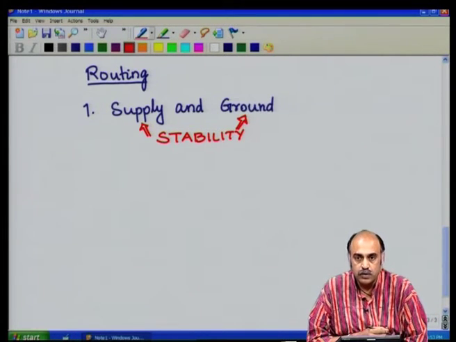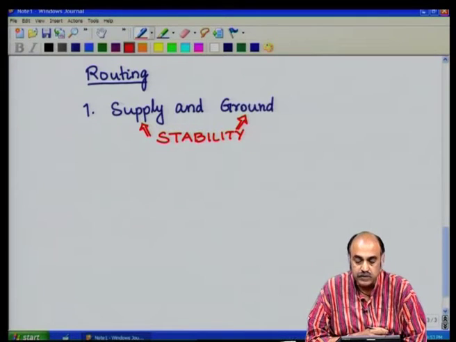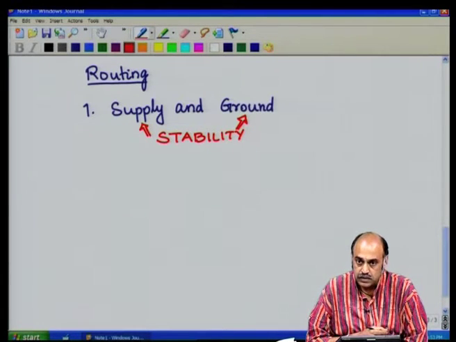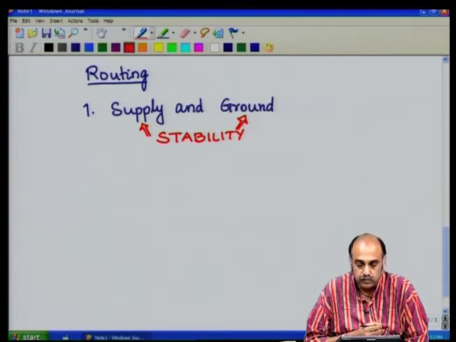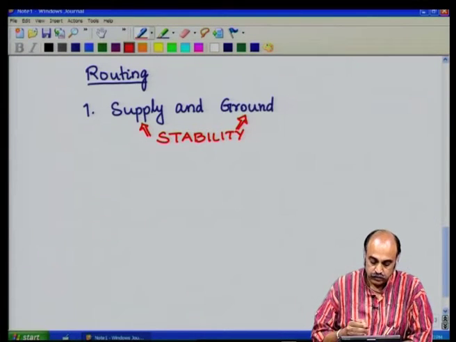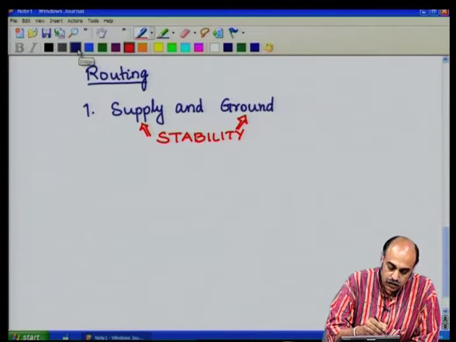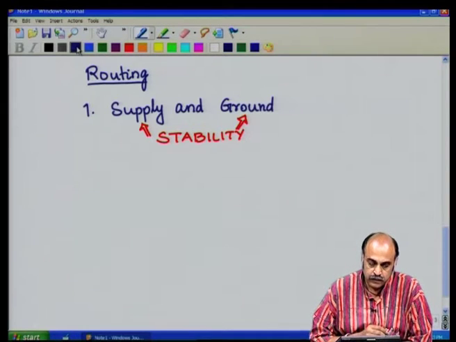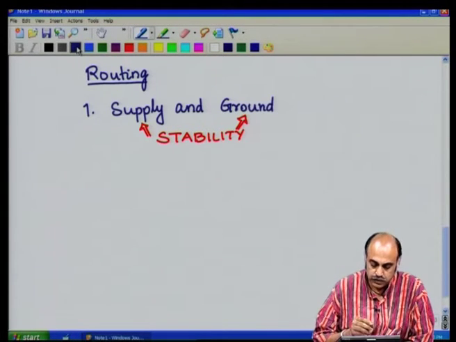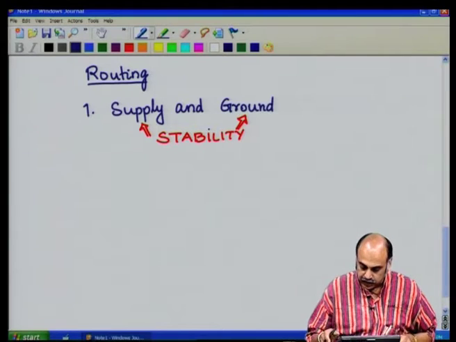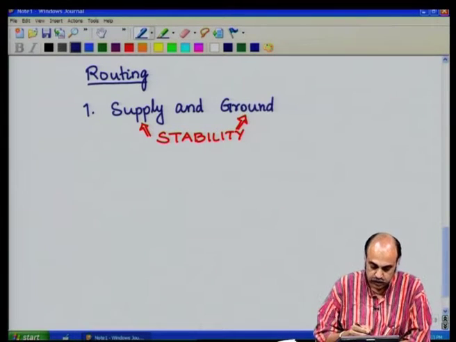If you can make your ground and supply VCC very stable, then you are on the road to a very successful printed wiring board design and fabrication. So, most of the effort goes into trying to make your grounds as good as possible.